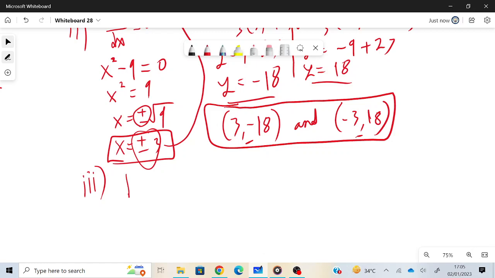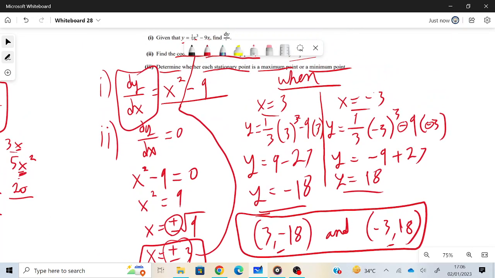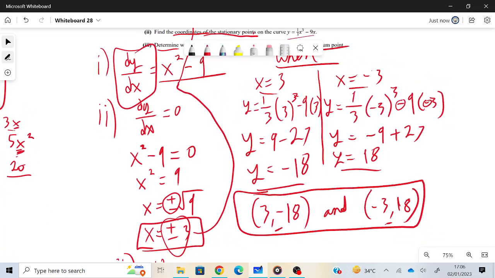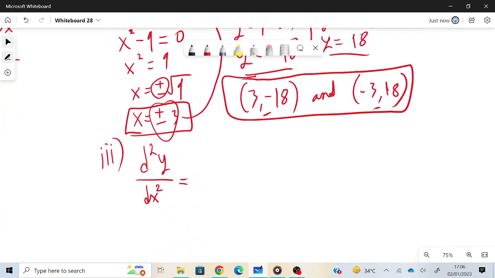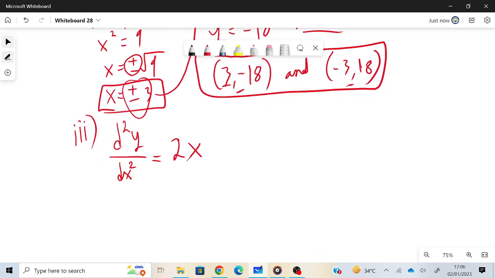First things first, we need to get our second derivative, d squared y over dx squared, and this means that we have to differentiate our dy/dx. Our dy/dx is x squared minus 9, so our d squared y over dx squared would be 2x. Now all we have to do is simply take our x values and put them into our second derivative.